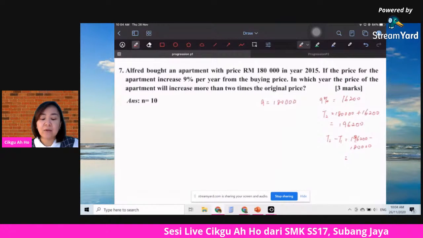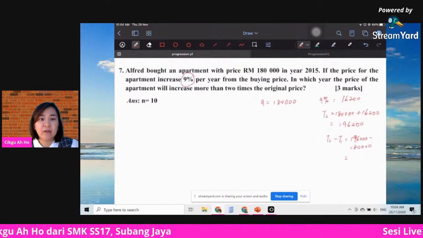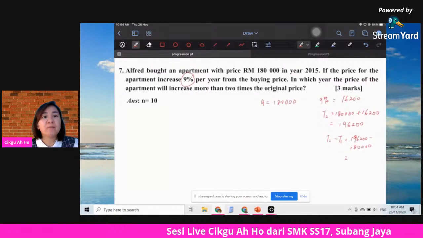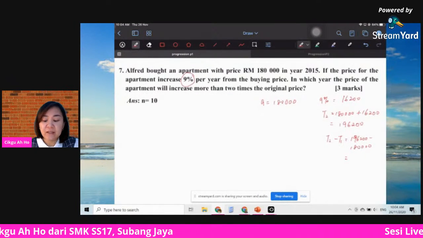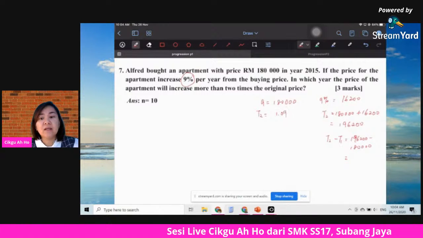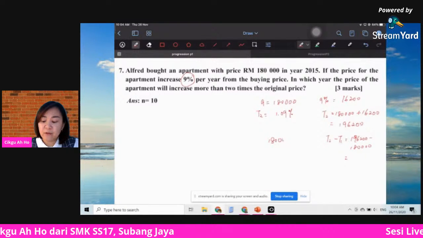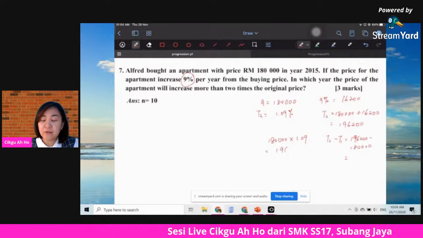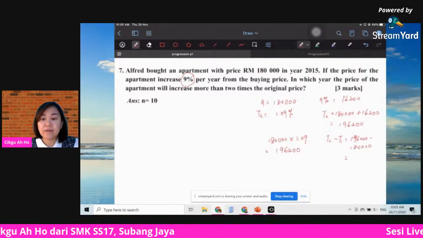But I can tell you, when it involves a percentage increase every year, because it's 9% increase next year plus the original price of the year before, it means the second year will be 1.09 times. So 180,000 times 1.09, you will get the same amount directly, 196,200.